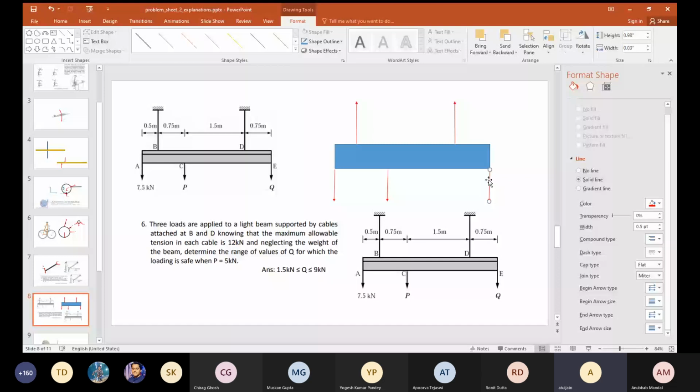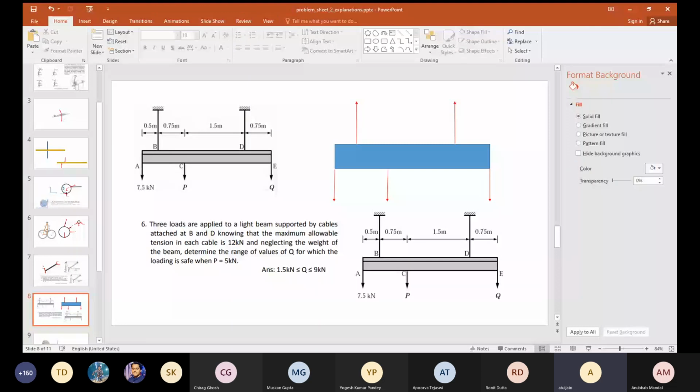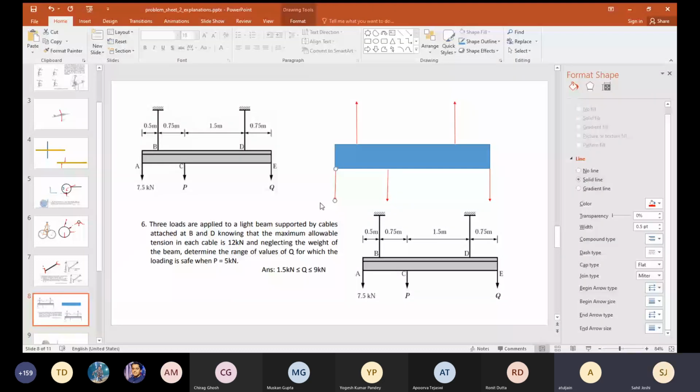Am I audible? Yes, sir. Okay, so now look at this and tell me, for this free body diagram, how many equations of equilibrium can you get? Sir, 2. Why not 3? Will you explain to the class? Sir, in the x-axis, the forces are already 0. Already 0, so you only have 2 equations.